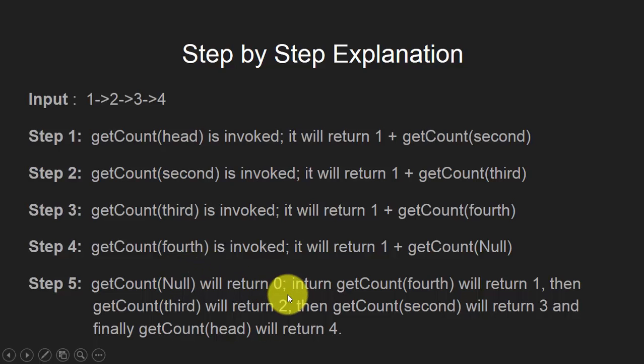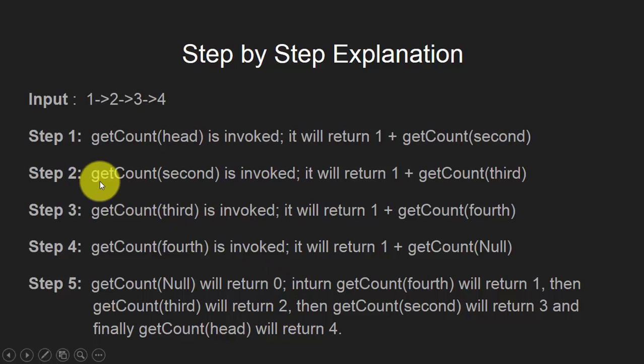In turn, the function getCount with the argument fourth will return 1 plus 0, that is 1. Now the function getCount with the argument as the third node will return 1 plus 1, that is, 1 plus the value returned by the function getCount where the argument is the fourth node. So the function getCount with the argument third node will return a value 2.